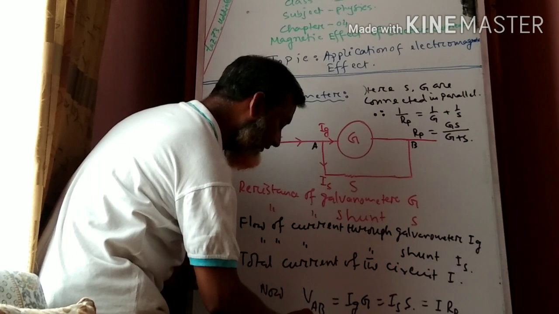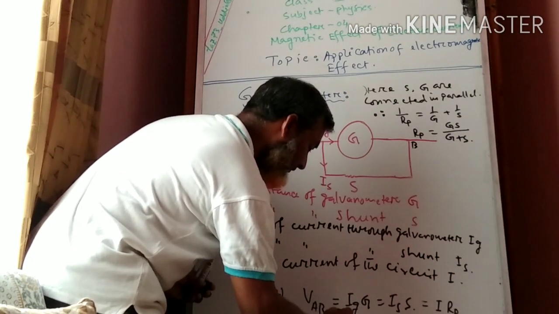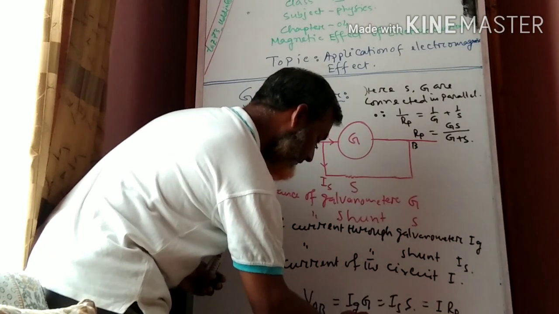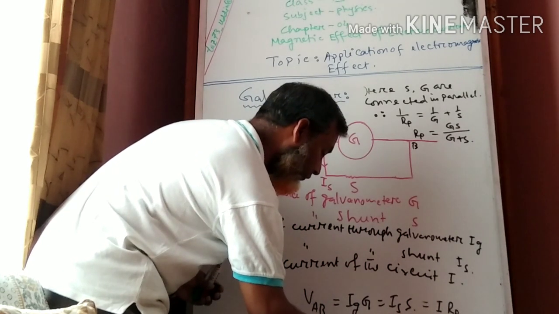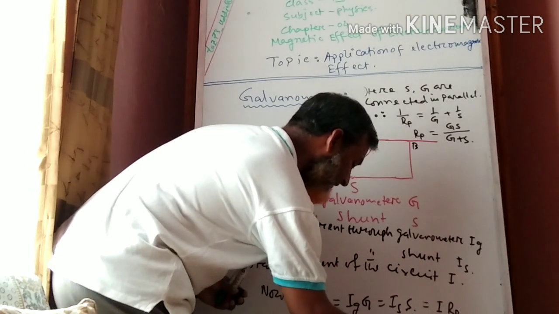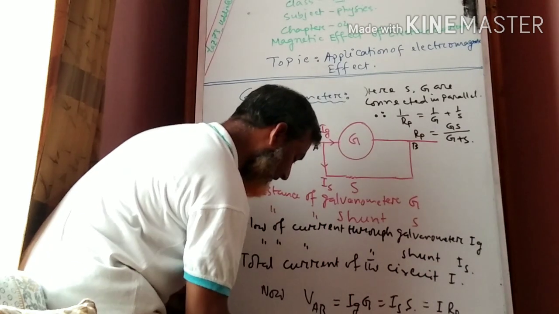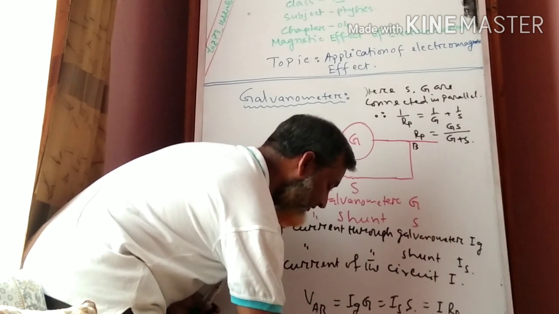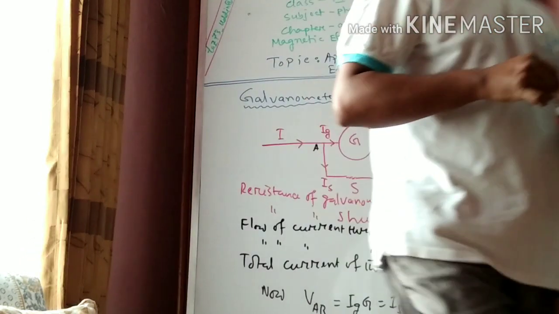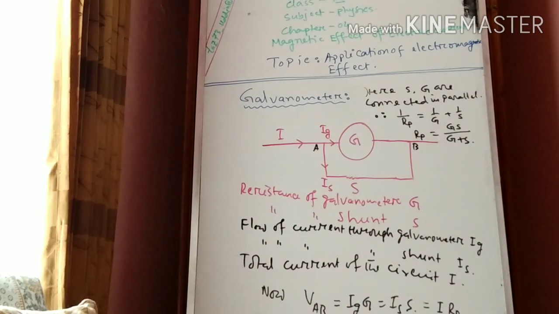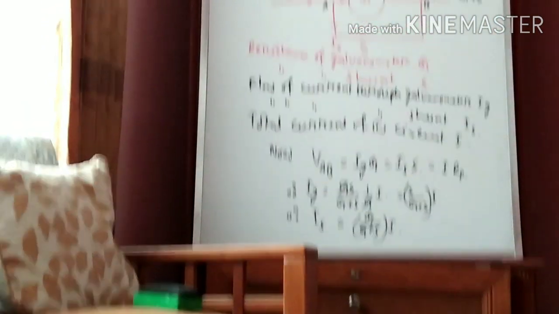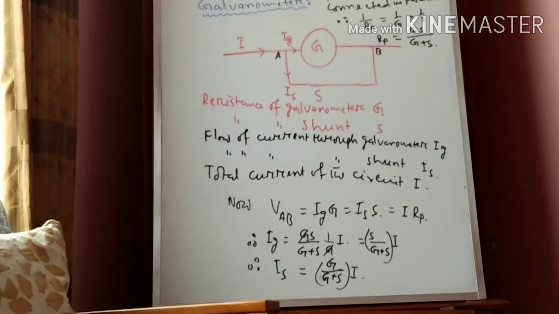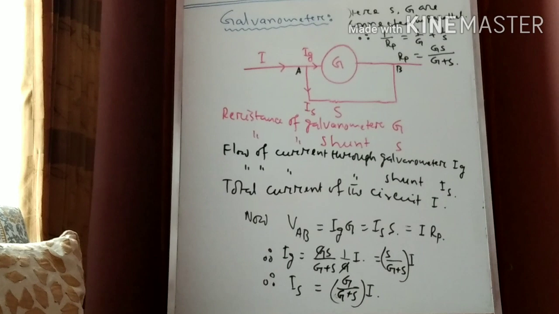That's why Ig equals Rp, which is GS by G plus S, divided by G, into I. G cancels, so Ig equals S by G plus S into I. And similarly, the shunt current will be Is equals G by G plus S into I. These are the expressions for the galvanometer current and shunt current.